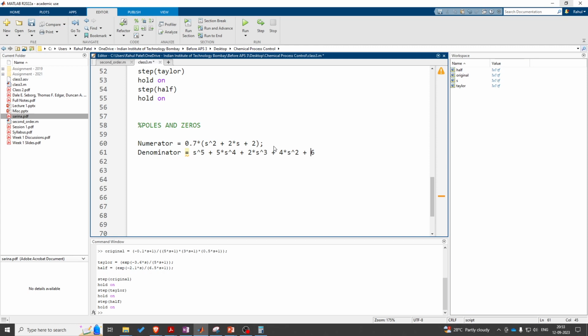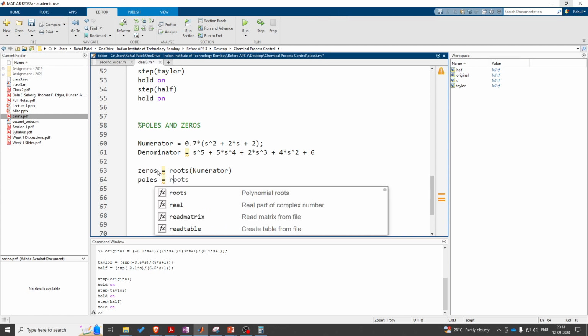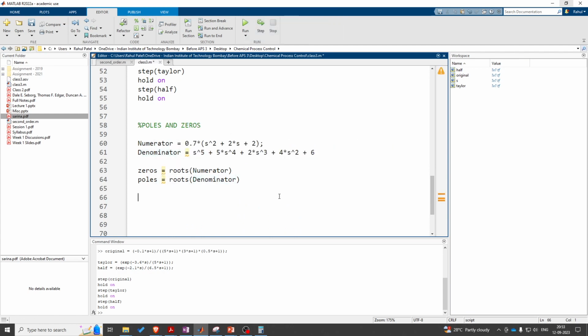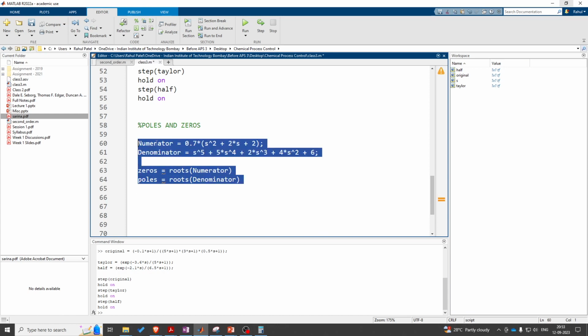We write that the poles are the roots of the denominator, whereas zeros are the roots of the numerator. That is, zeros are roots of the numerator, whereas poles are the roots of the denominator. So let's find both of these.